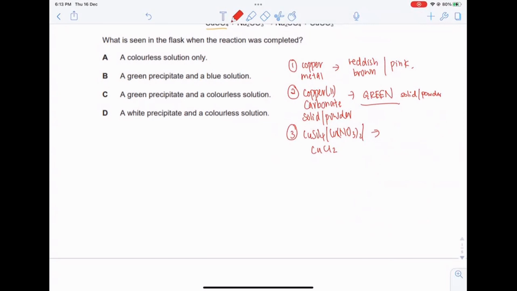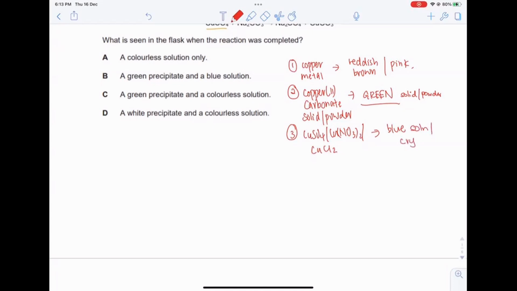Okay, maybe Ryan is facing some issues. Ryan, if you are there, you can just unmute. If not, then maybe Lincoln, can you answer? Blue, right? Yeah, so they exist normally as blue crystals or solution.